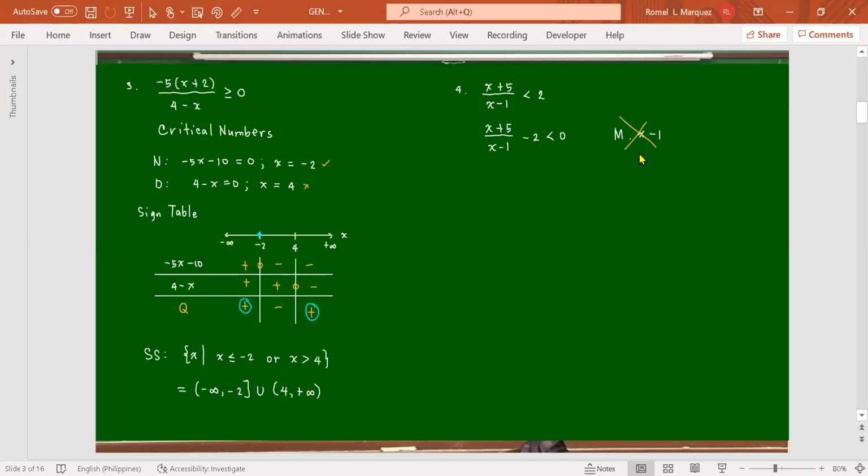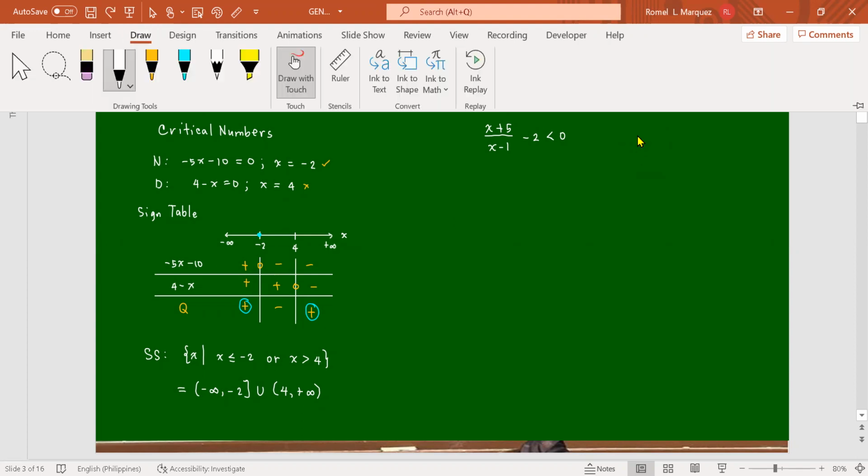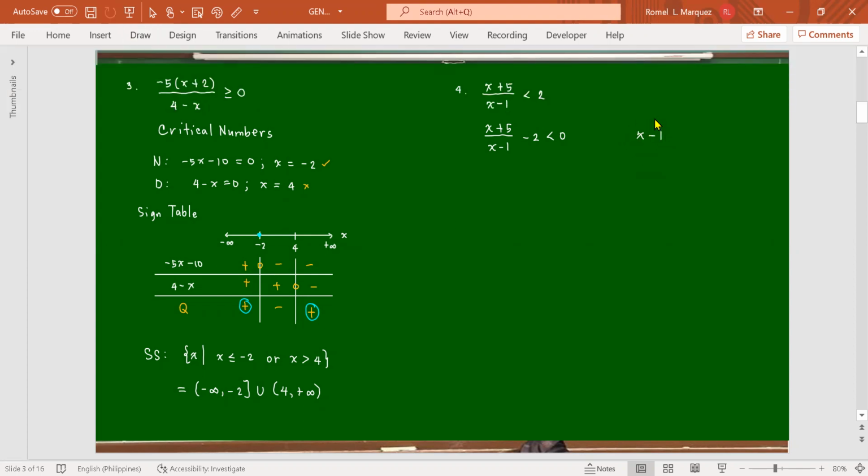What do you think? Because x minus 1 is not a fixed expression, meaning we do not know whether it is positive or negative since we do not know what x is. Since we do not know whether it is positive or negative, when we multiply, we do not know whether we're going to reverse the inequality or not.